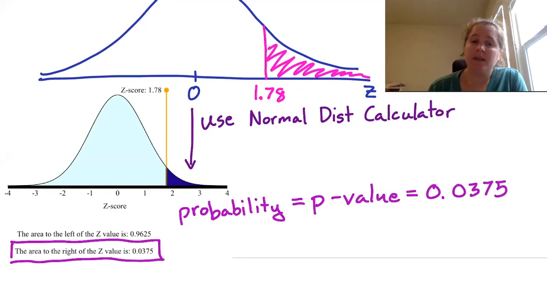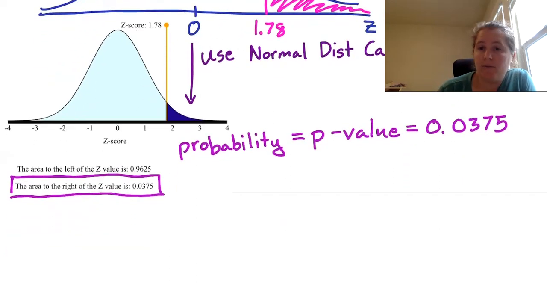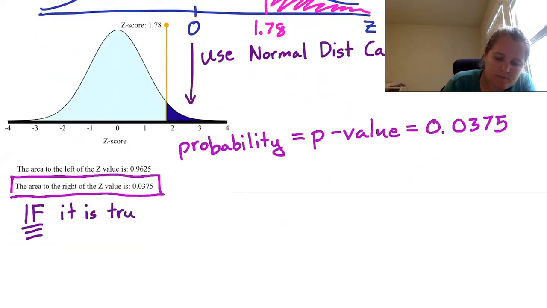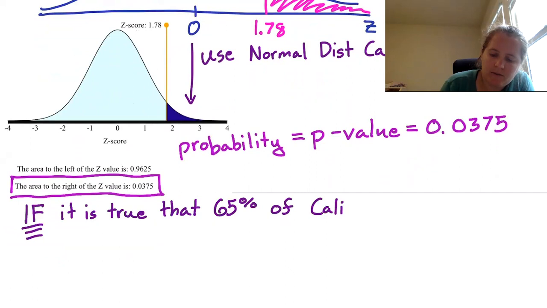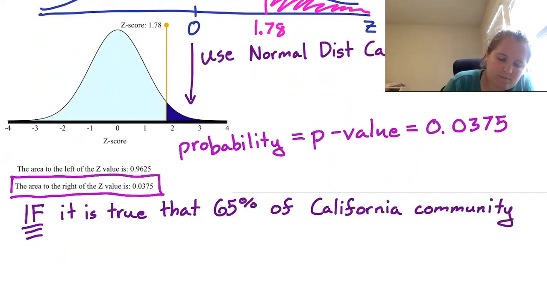So essentially what this means is that if the null hypothesis were true, so if it is true that 65% of California community college students work while in school.